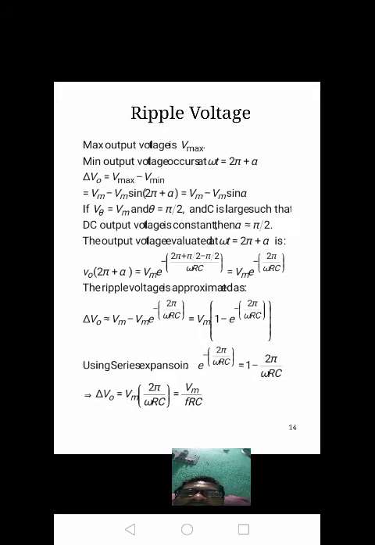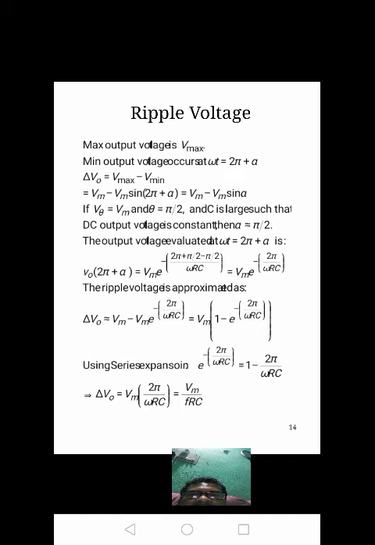So Vm minus Vmin is Vm minus Vm into e power minus 2 pi by omega RC. From both equations we take the common Vm out: Vm into 1 minus e power minus 2 pi by omega RC.